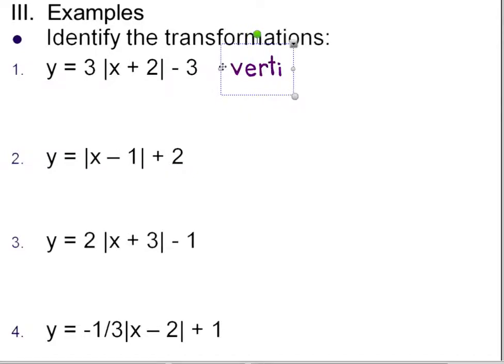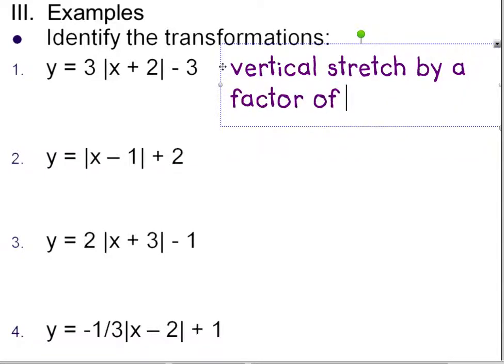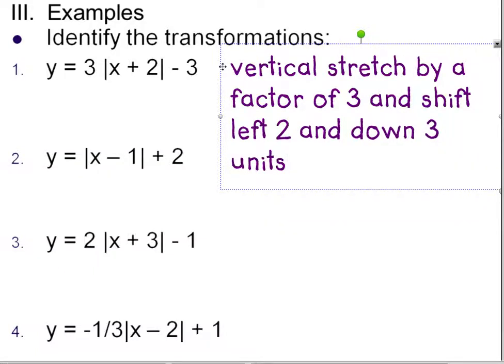So vertical stretch by a factor of 3 and shift left 2 and down 3 units. So that's the first one.